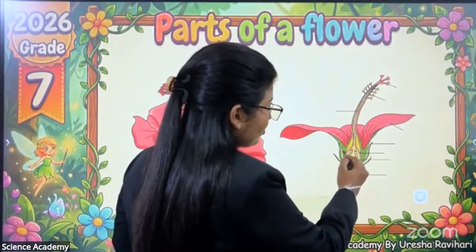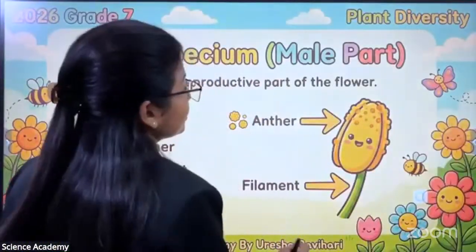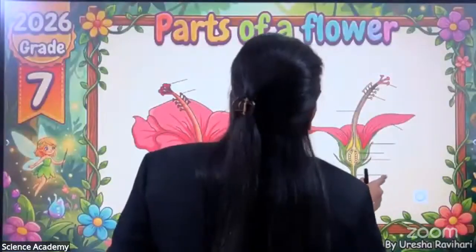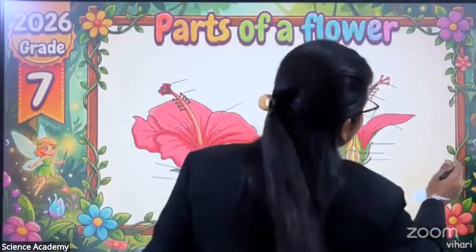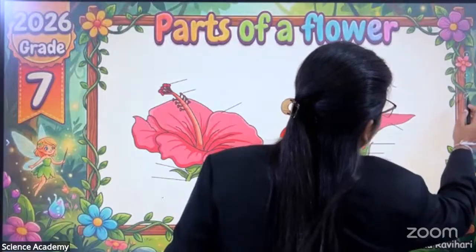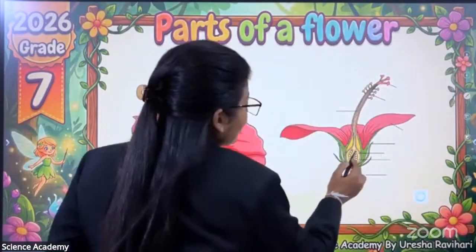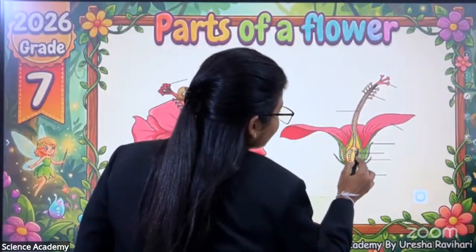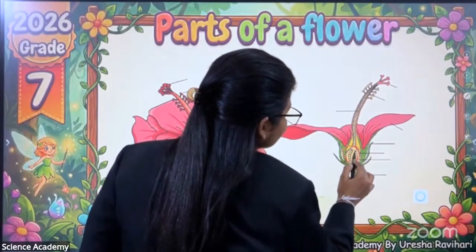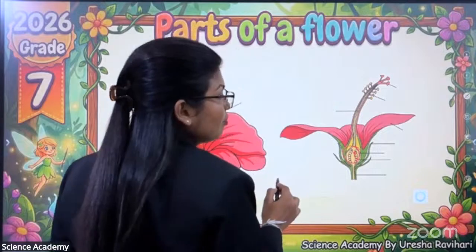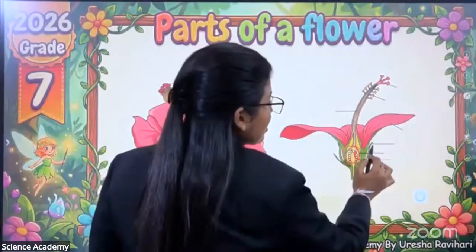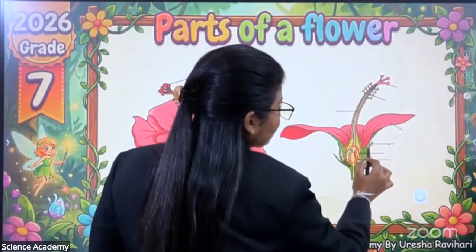This structure, wait, I'll use a pen. Here this is the ovary. Small ovules you can see, and these are sepals, green colored sepals you can see.